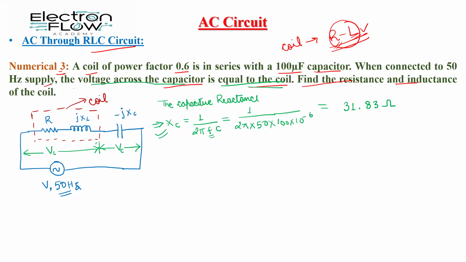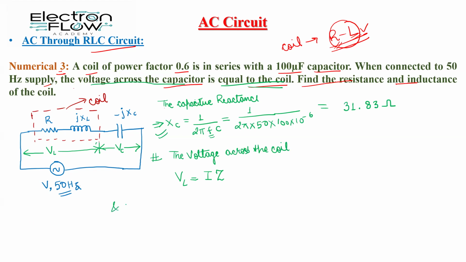Next is the voltage across the coil, which is denoted by VL. The value of the voltage across the coil is the current multiplied by the impedance.